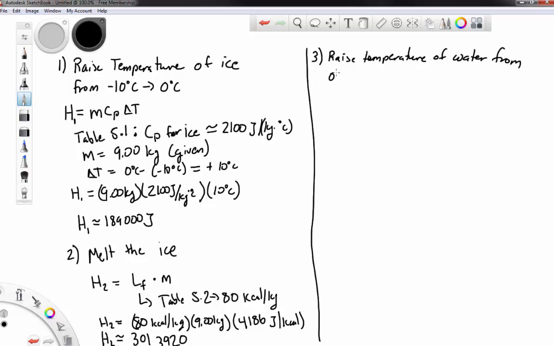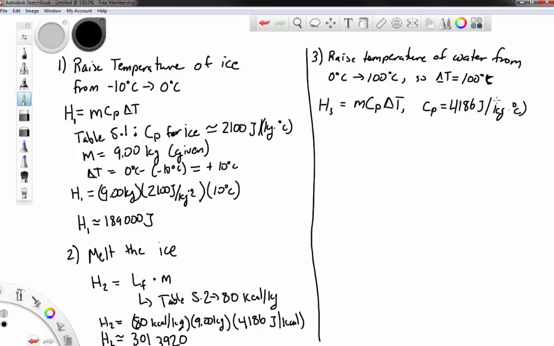And this is going to be from 0 degrees C to 100 degrees C. So delta T is 100 degrees C. Again, this is going to be using heat equals m c sub p delta T, and c sub p is 4,186 joules per kilogram degree C, and that's table 5.1.